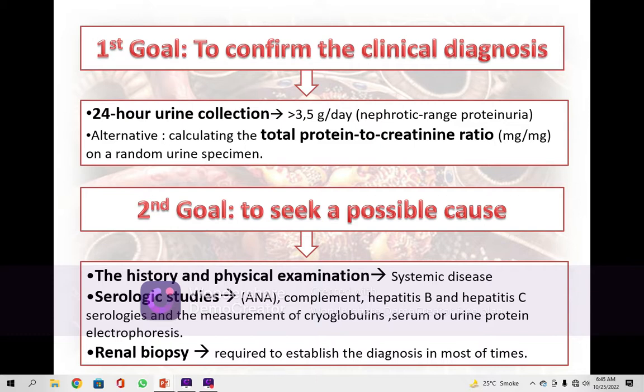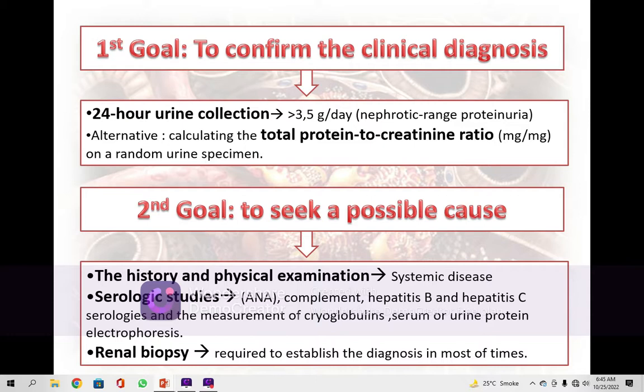Second goal, to seek a possible cause. The history and physical examination, the systemic diseases, take the history properly. What is happening in serological studies? We do the ANA, complement, hepatitis B and C serologies, and the measurement of the cryoglobulins, because hepatitis C will cause mixed cryoglobulinemia, and it can cause glomerulonephritis.